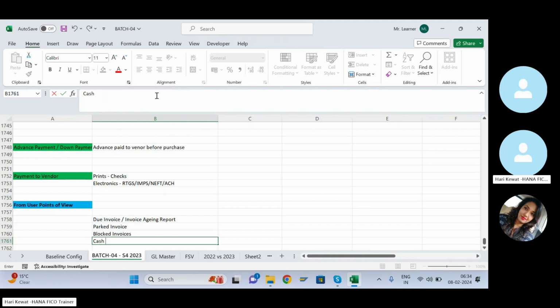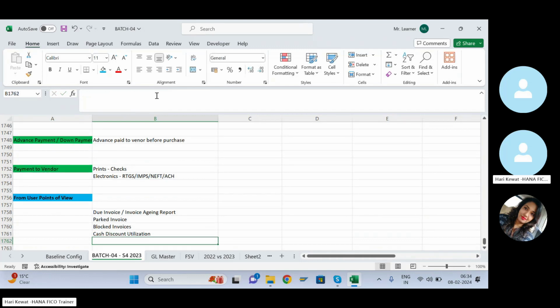Then cash discount utilization. As a smart user, he has to also think which invoices to pay on time so that he can get the maximum cash discount from the vendors. If you make the payment of the right invoices at the right time, then you will get the cash discount from the vendor.